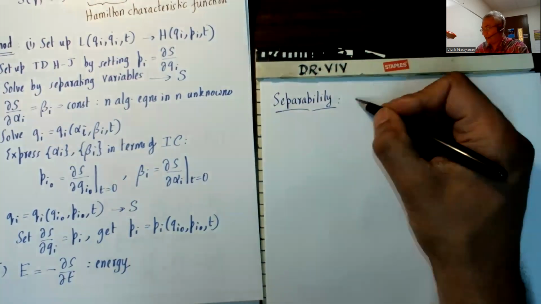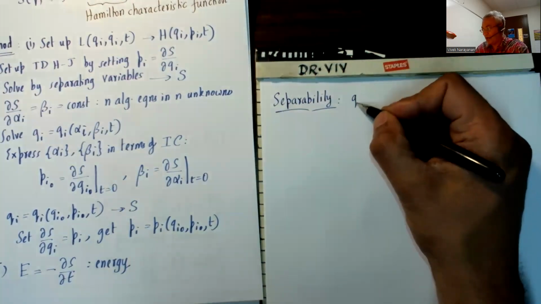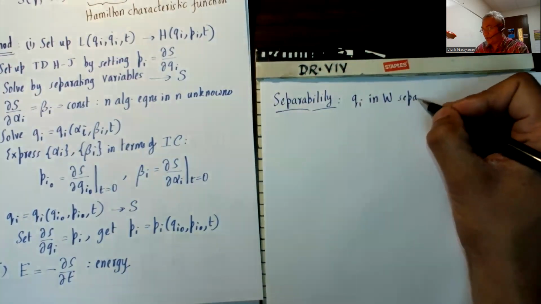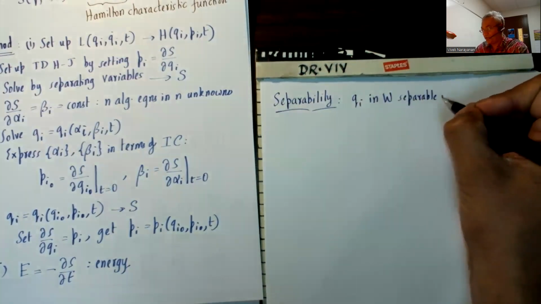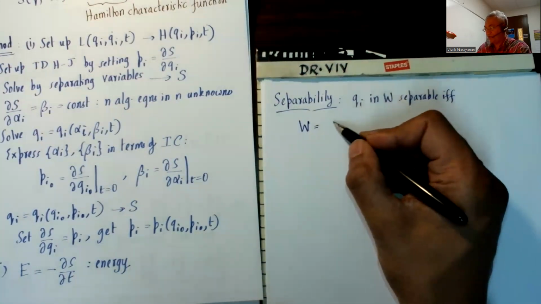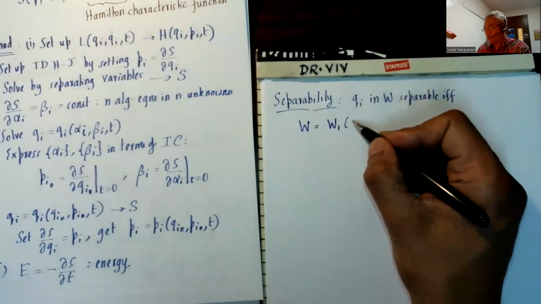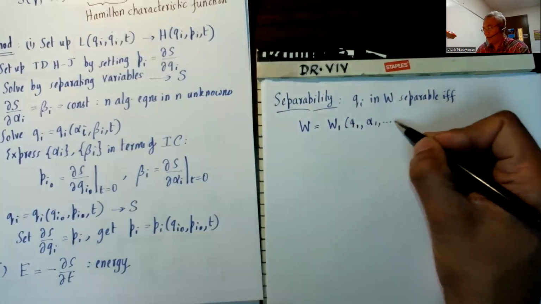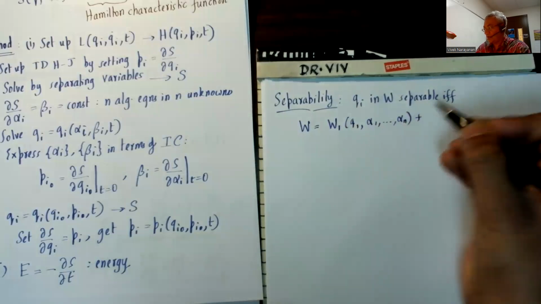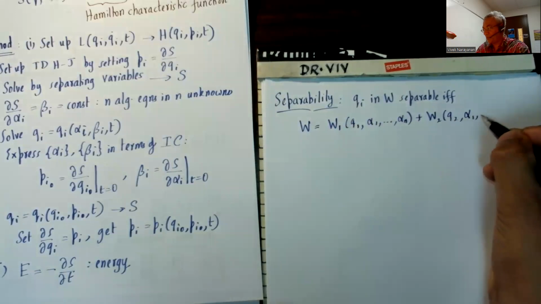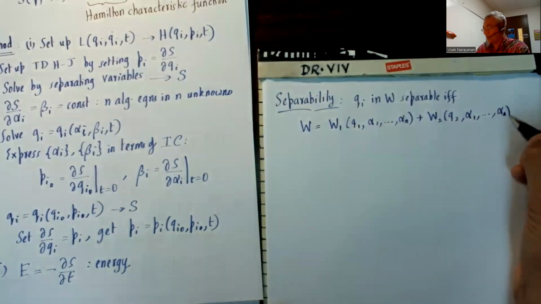So the Hamilton characteristic function, the Qi's in that W are said to be separable if the following conditions are satisfied. If I can write the W as a sum of different W's with just Q1 in the first one, just Q2 in the second one, and so on.